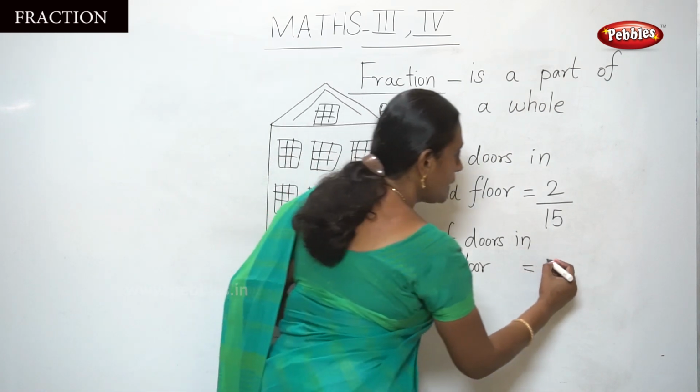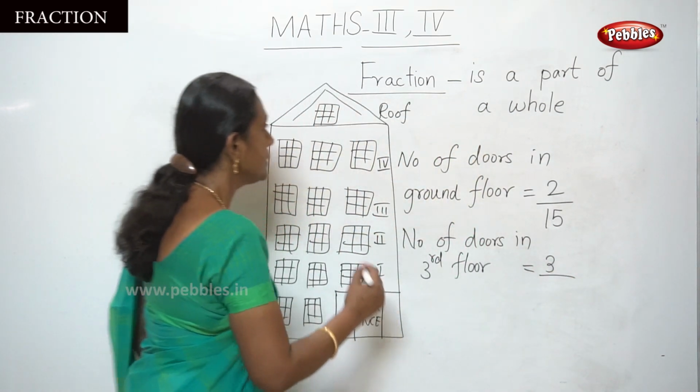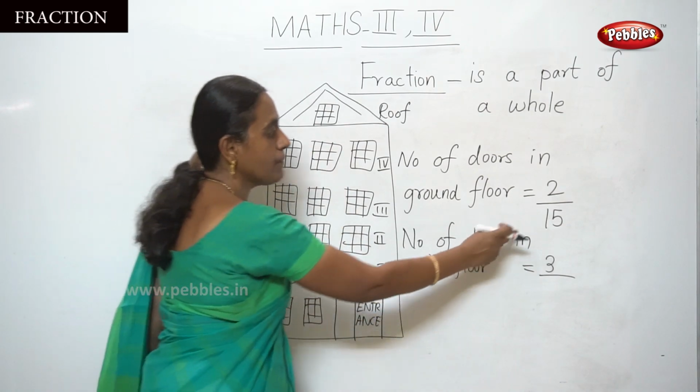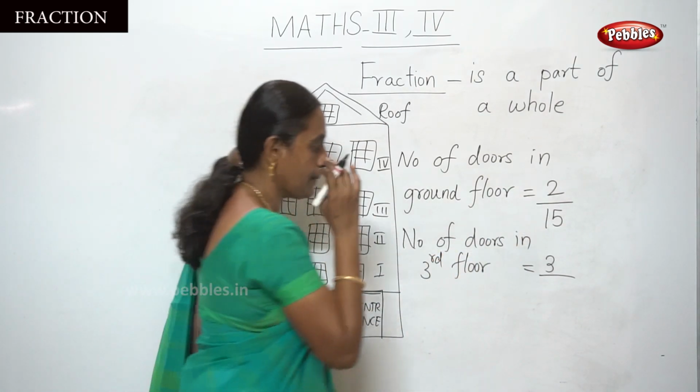Put the number 3 divided by the total number of doors we have already counted, that is 15.